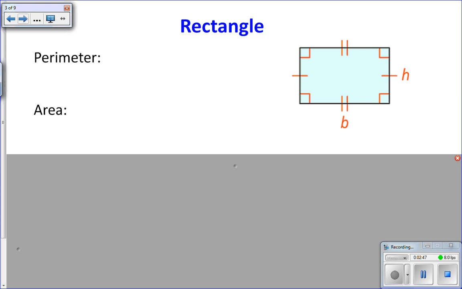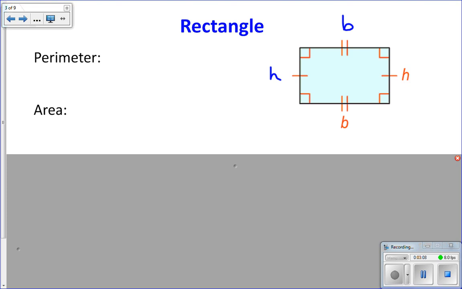Let's move to a very related idea about rectangles. Now, for the perimeter of a rectangle, this length is different than this length. Okay, but you'll notice that I have a B here, and this is also the same as B, and an H here, and this is also H. So there are 2 ways I can think about this.